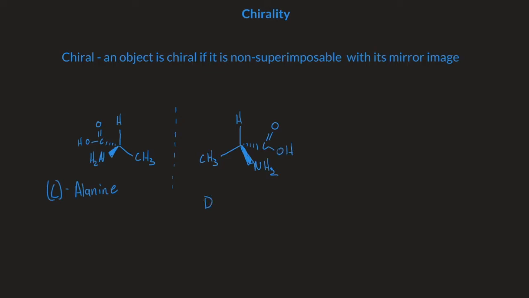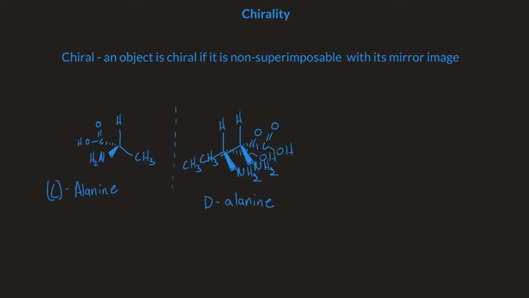This is D-alanine. L-alanine is the amino acid that's usually incorporated into proteins, and D-alanine is not. If you were to try and superimpose D-alanine on top of L-alanine, it wouldn't work.